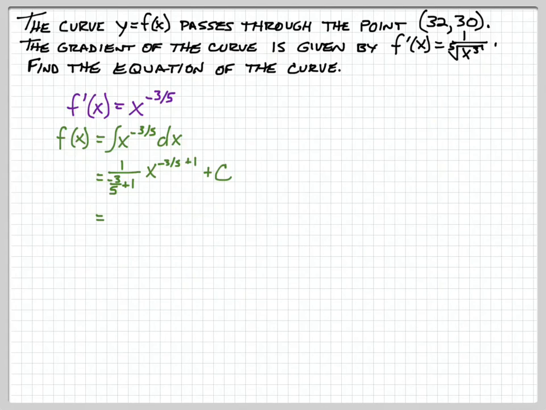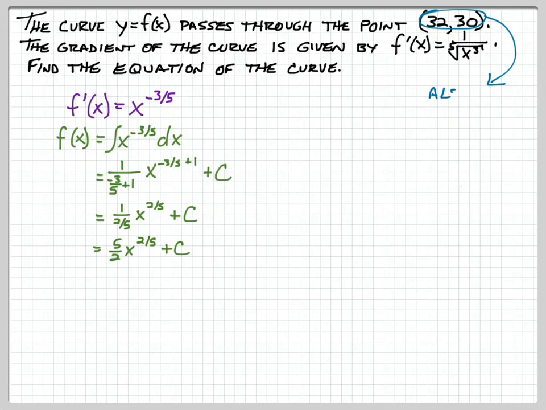So we have 1 over 2/5 times x to the 2/5 power plus c. We need to take care of this complex fraction, and we have 5 over 2 x to the 2/5 power plus c.